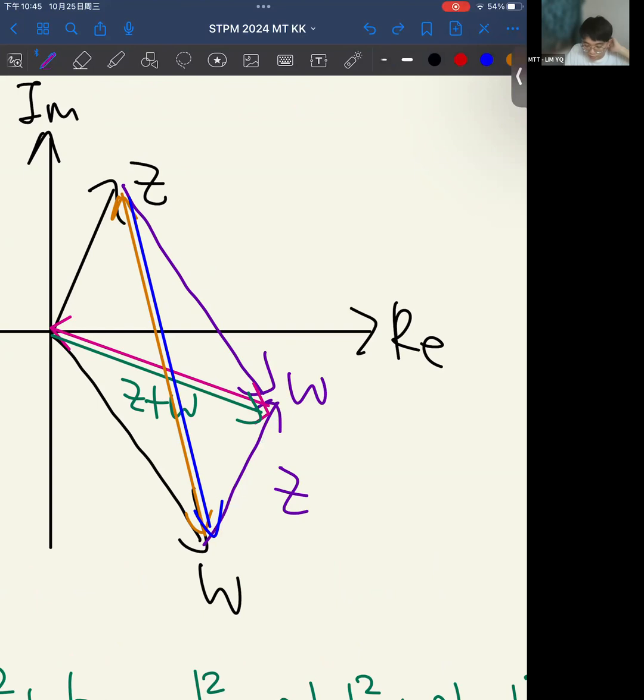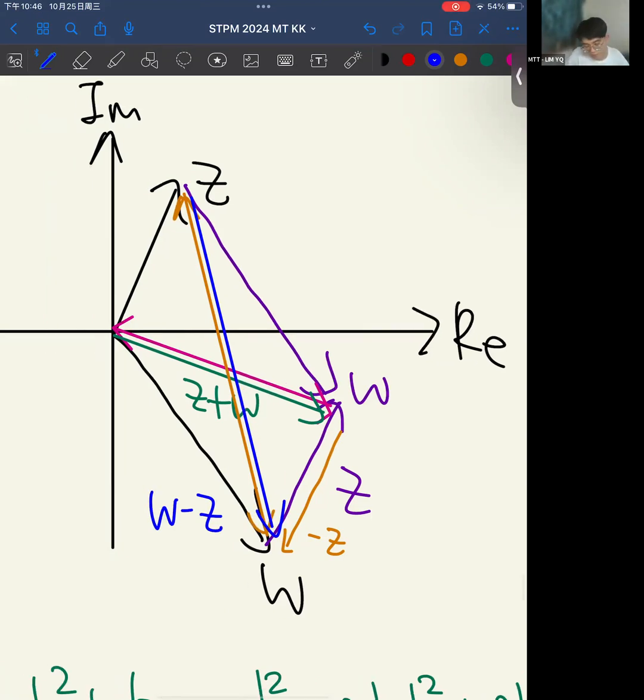From here go to here, it is negative Z. May I use a different color? Here go to here, negative Z. So the blue color line is your W minus Z. Okay, W minus Z.